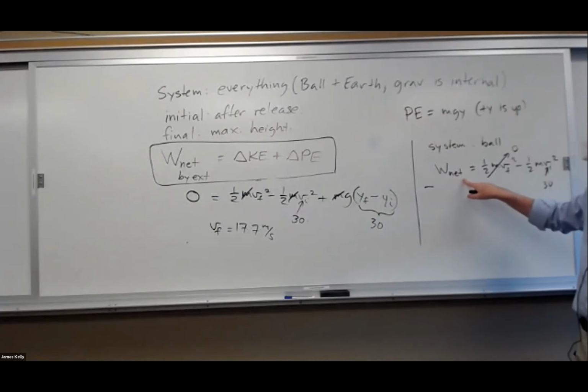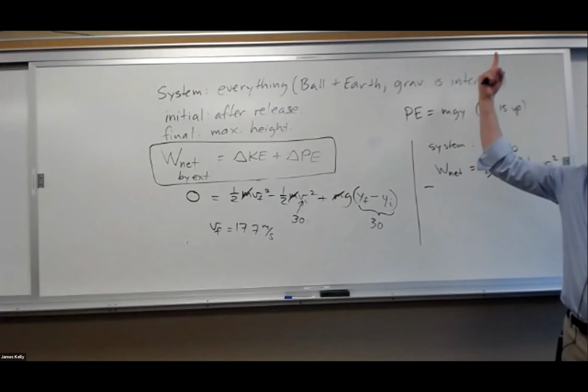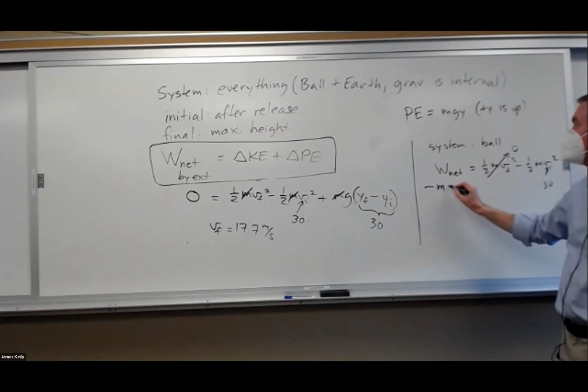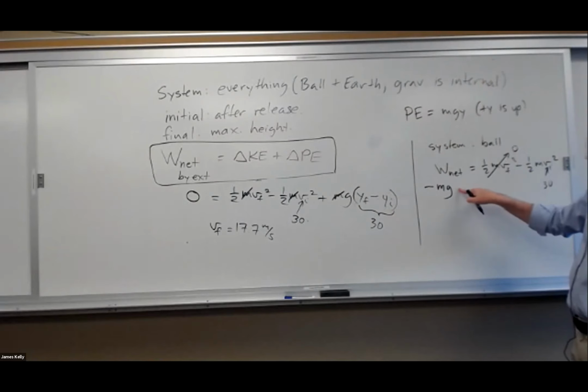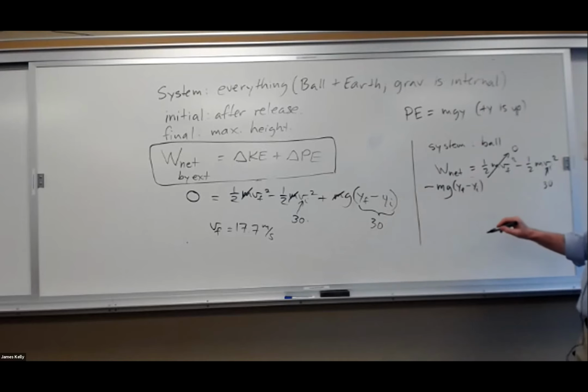And then I can calculate the work done by gravity using Fx delta x, right? If delta x is up, Fx is negative, and the magnitude of Fx is mg, right? And how far it moves up is what we wrote before as y final minus y initial.